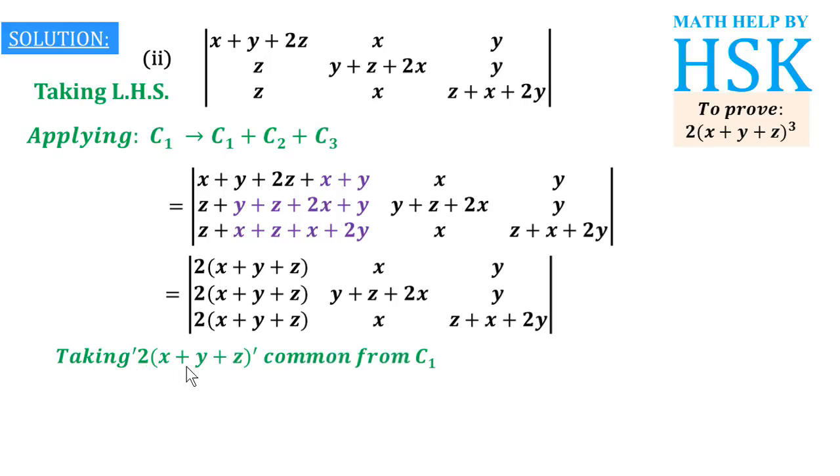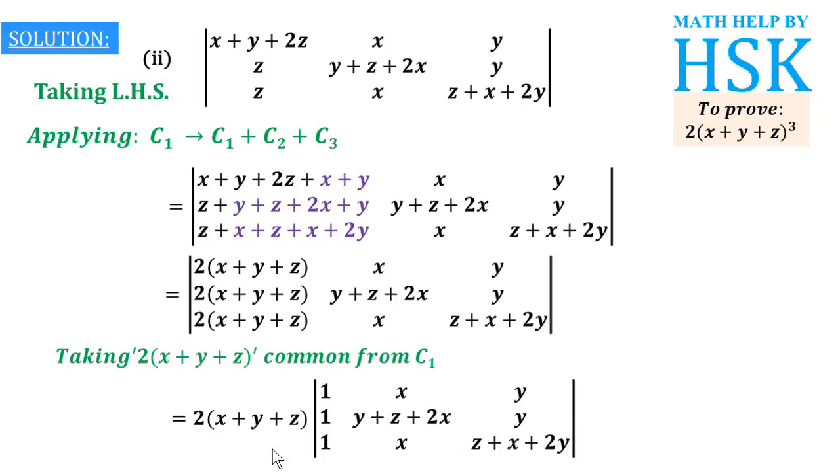So taking 2(x+y+z) common from C1, I'm going to get 2(x+y+z) into the determinant 1, x, y; 1, y+z+2x, y; 1, x, z+x+2y. Now because the elements of column 1 in this determinant are all 1, we can easily make two of them equal to 0.